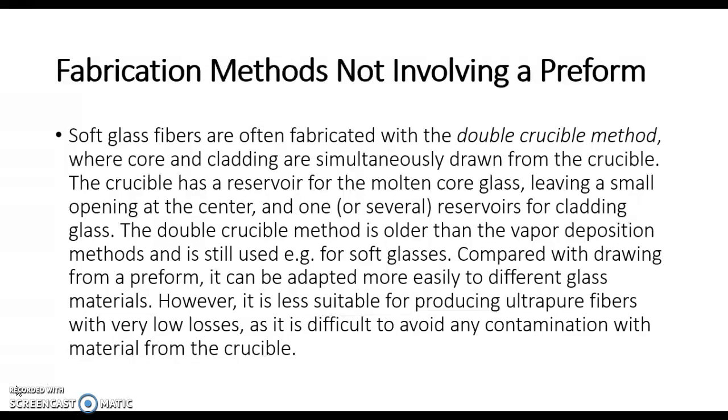The double crucible method is older than the vapor deposition method and is still used for soft glasses. Compared with drawing from a preform, it can be adapted more easily to different glass materials. However, it is less suitable for producing ultra pure fibers with very low losses, as it is difficult to avoid any contamination with material from the crucible.